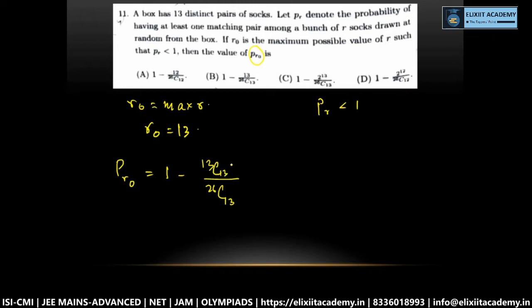And any sock in 2 ways. Each sock will have 2 ways, which means 2 into 2 into 2, up to 13 times. So that's 2 to the power 13. So this is basically 1 minus 13C13, so that's 1, times 2 to the power 13, divided by 26C13. Obviously, this is option C.